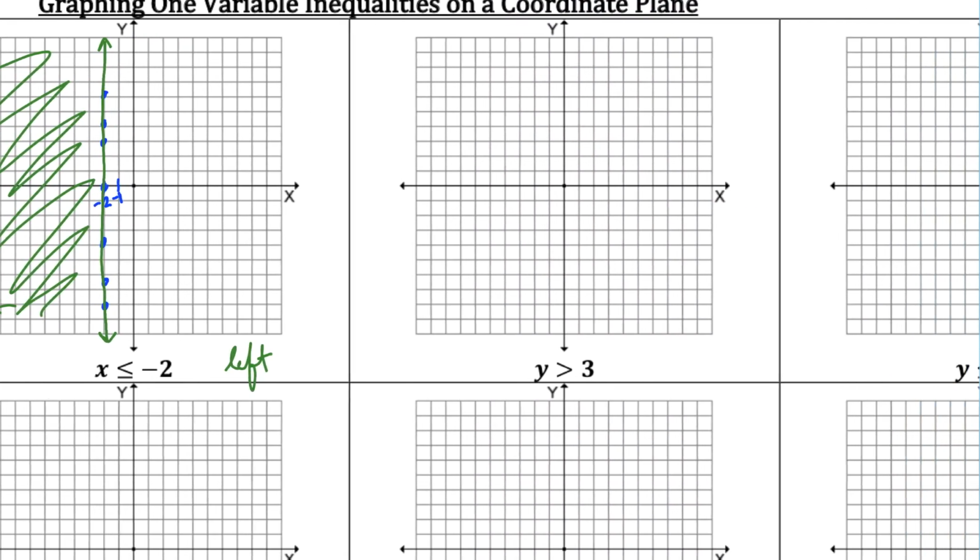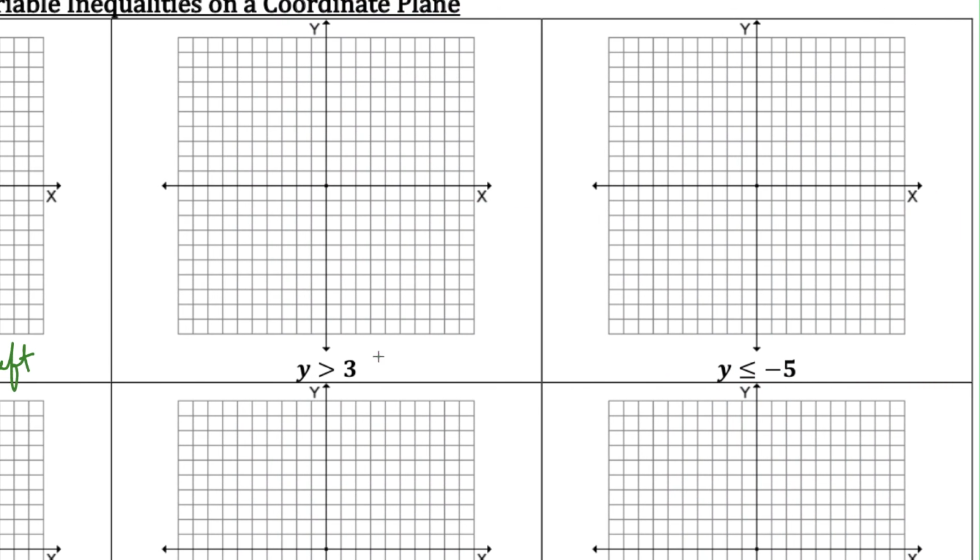Let's try some y's. So y is greater than 3. Let's go to where y is 3. 1, 2, 3. Y is 3 here, and if you go over, y is still 3 here, and here, and here, and so on and so forth, right?